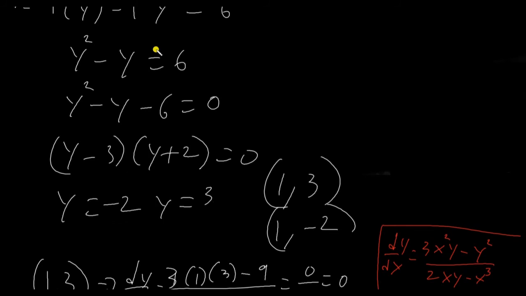Now let's move on to part C. Part C: find the x-coordinate of each point on the curve where the tangent line is vertical. So when the tangent line is vertical, the slope is undefined, right? Because the tangent line is going to look like that, and the slope of a vertical line is undefined. So we want to find all the points where the slope is undefined. And here's our slope.